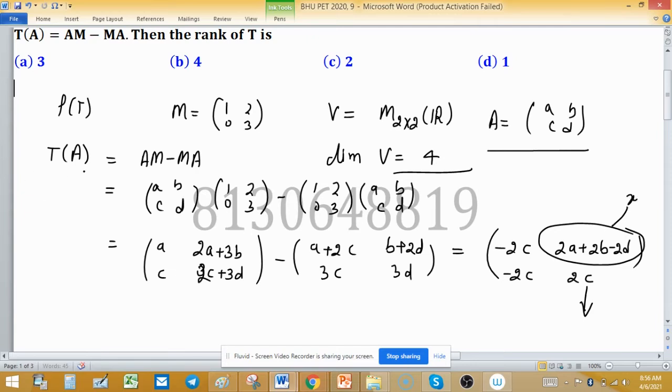For matrix A, because we choose freely A, B, C, D, the values of A, B, D will give you this element.